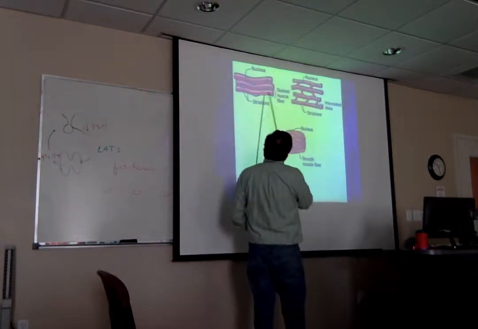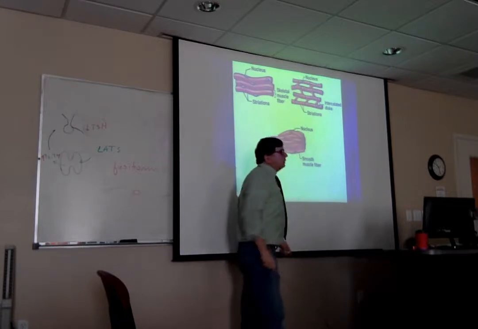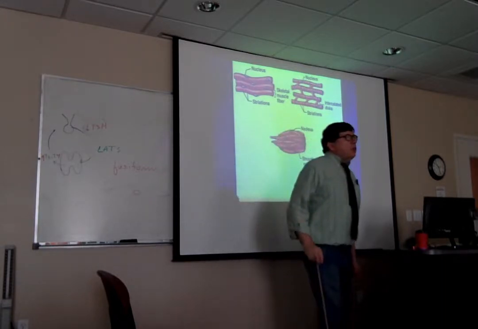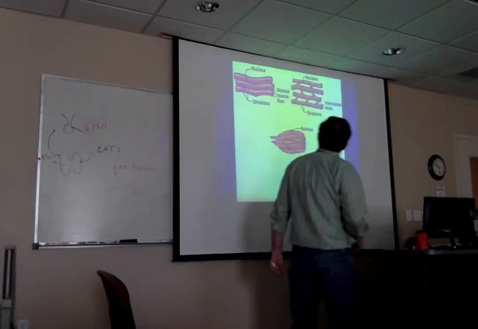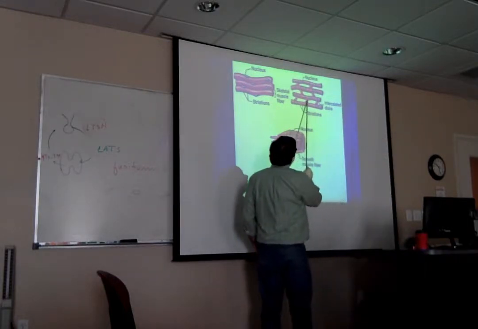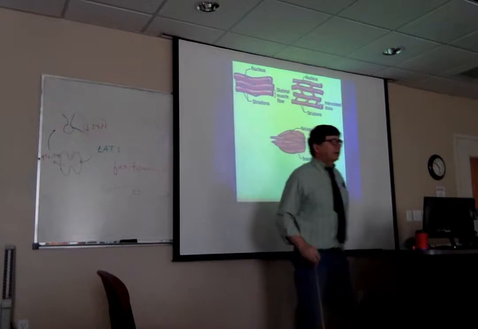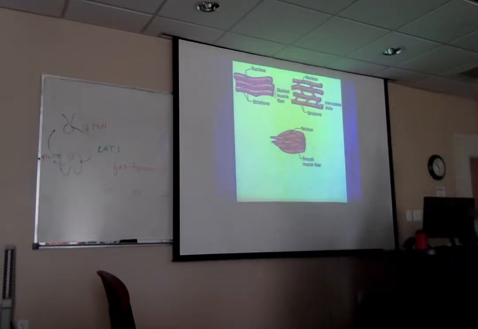Now, let's compare that to a third type of muscle, cardiac muscle. The one thing you should notice here when looking at this drawing of cardiac muscle is that the cells are branched. It consists of branching fibers. Typically each cell has a single centrally located nucleus.